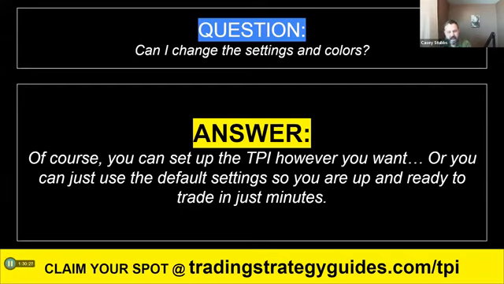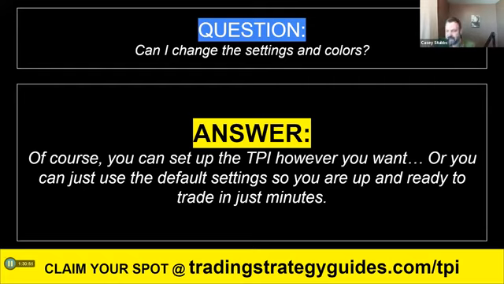But for the TPI, we focused on simplicity. We took the most powerful indicator that we possibly could and we made it simple. Simple is the way to go here. And so we don't want you messing around trying to figure things out. This comes out of the box, plug and play, simple and easy to use for the average trader.